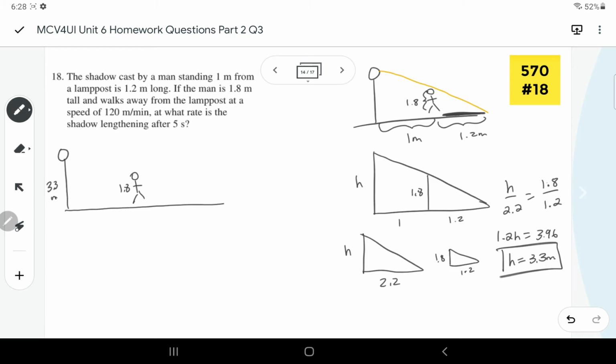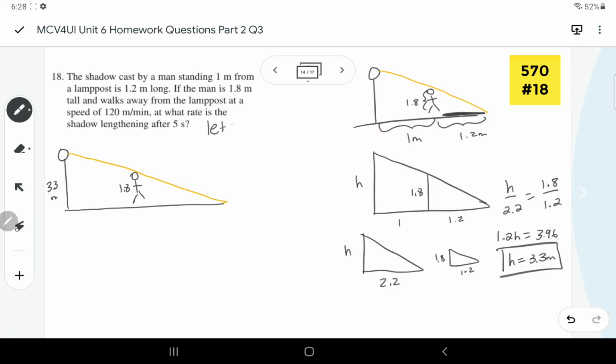Now, we want to figure out how the length of the shadow is changing. So if I draw the light down here, I want to talk about the two things that are changing, and that would be how far away he is from the lamppost and how long his shadow is.